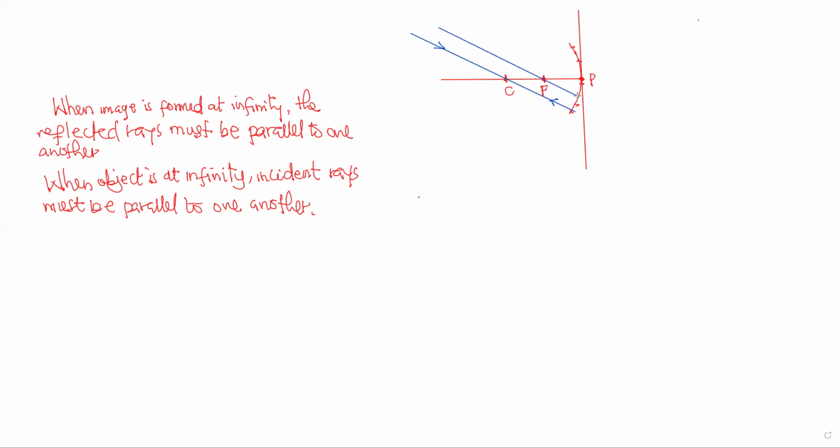You just must ensure that the ray is parallel to this other ray, which is parallel to the first one, seems to be passing through F. And if it's passing through F, its reflected ray must be parallel to the principal axis.